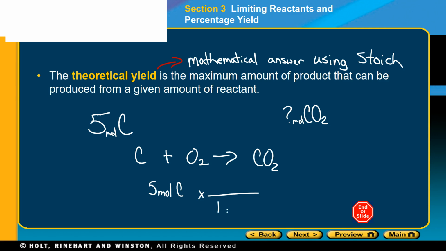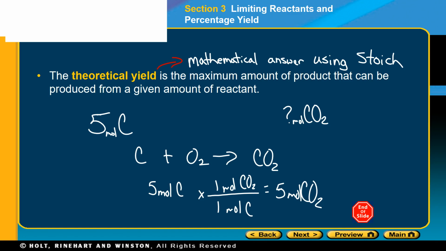So for every 1 mole of carbon, I have 1 mole of CO2. So that means I can produce 5 mole of CO2. All right. So because it's a 1-to-1 relationship, it's going to be the exact same amount.